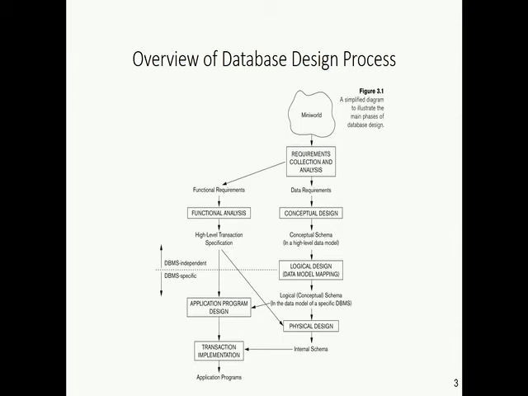The conceptual design, the functional analysis, and the non-functional analysis should be traced back to the requirements collection and analysis step. The logical design, this data model mapping, should be traced back to the conceptual design. So each thing on here should be validated, in your term, against everything prior to that. So I can't put it on there because it's every single one of these.